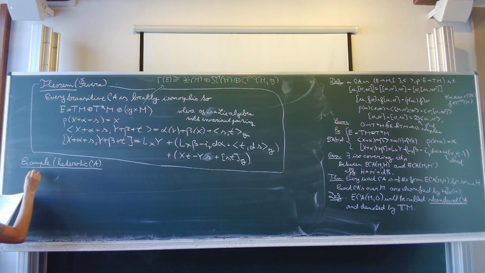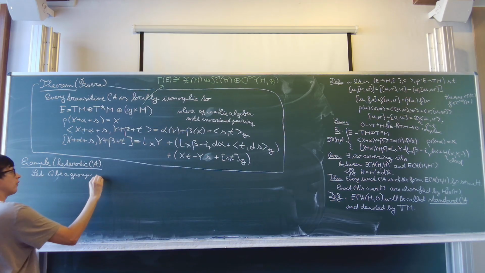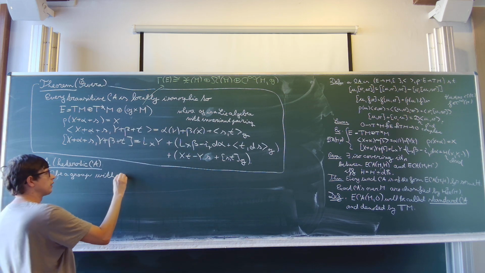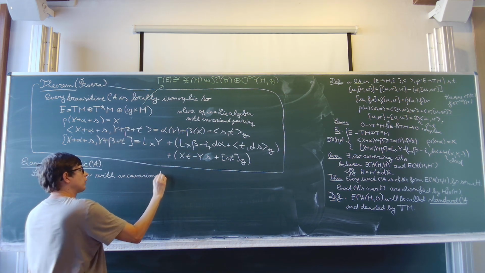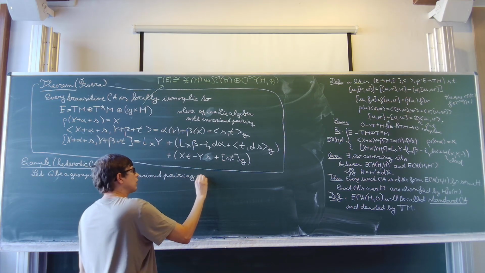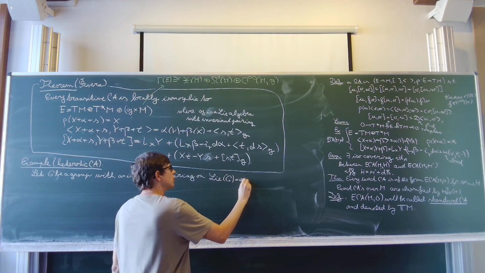And so basically it works as follows. Let G be a group with an invariant pairing on the algebra. So this is the same as before, but now I take a group as well, with an invariant pairing on the Lie algebra, which I call small g.